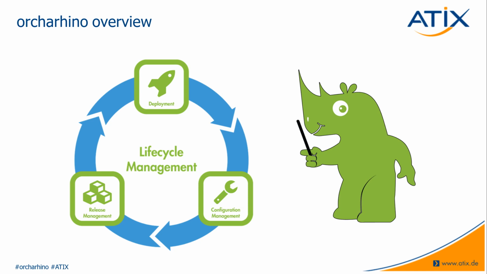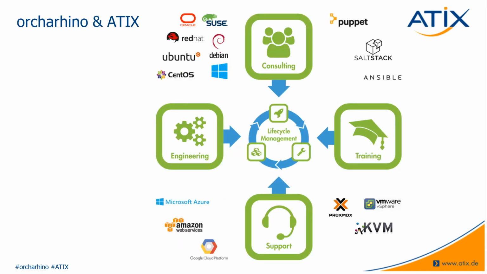And in the end, we can also do release management, so we can update our packages with a general overview of the versions which are installed. And we can also patch our servers with certain errata which have been provided. So basically, all of this defines the package of orcharhino.